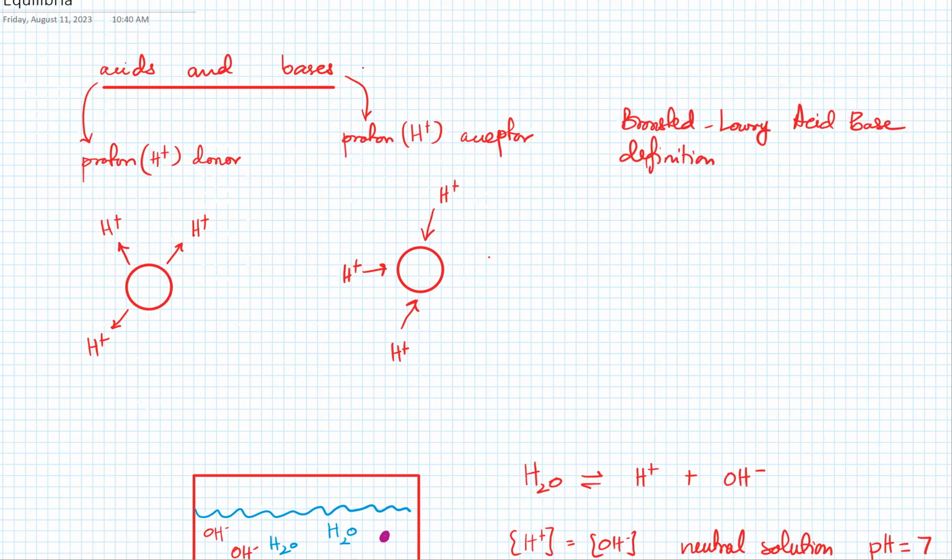So don't get confused if this term is ever used. That's just the name of the definition.